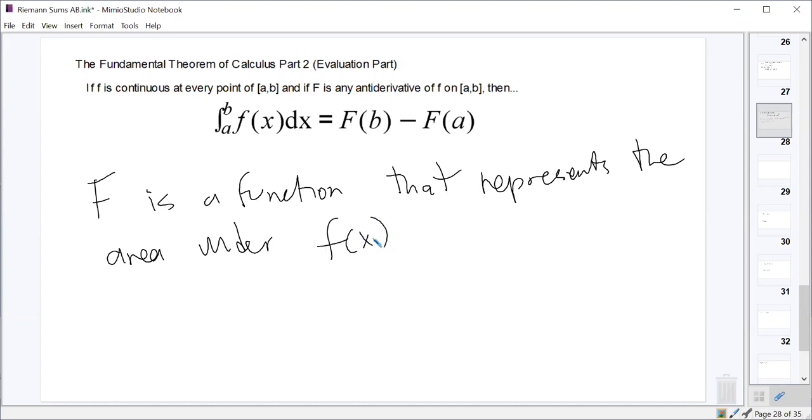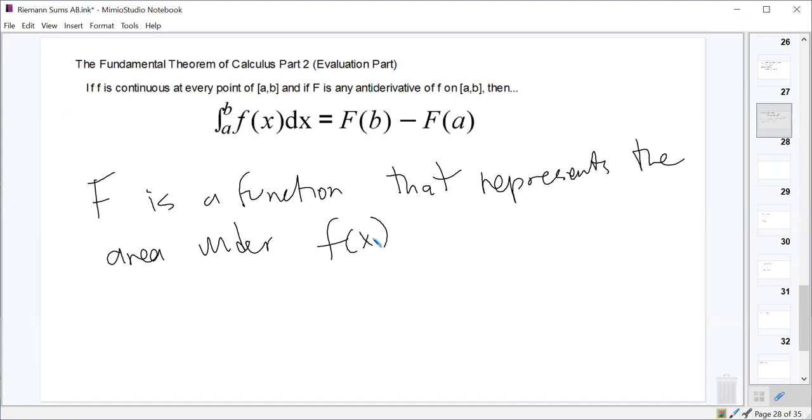So that's what we're saying capital F is. Capital F is a function that represents the area underneath little f of x. Okay. Effectively, we call that the antiderivative or the integral of little f. So capital F is a function that you get when you integrate some other function, little f of x.